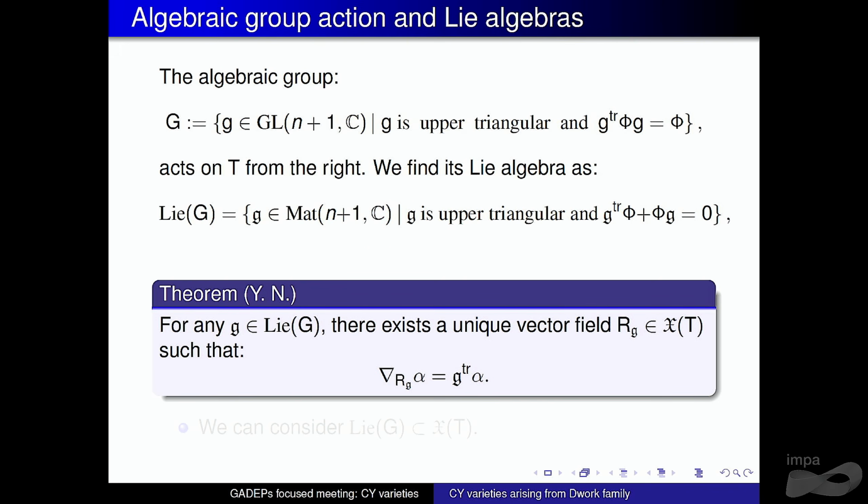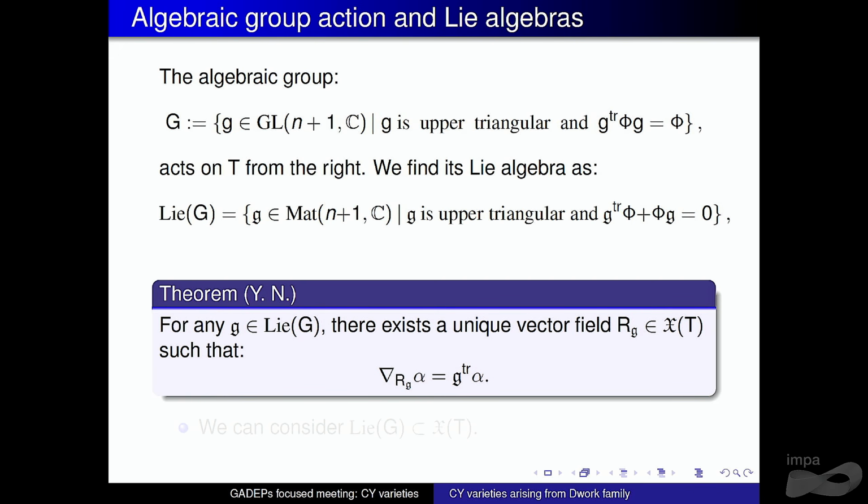Let's say a Lie algebra of matrices. And for any matrix in this Lie algebra, again, we find a unique vector field that satisfies an equation similar to the one for the modular vector field R that we found.